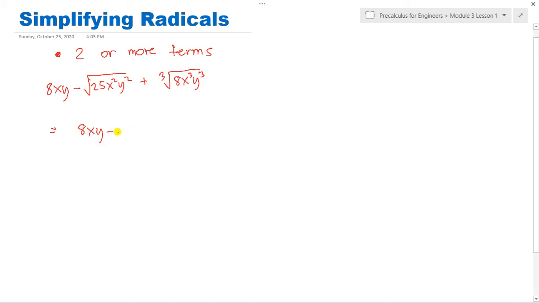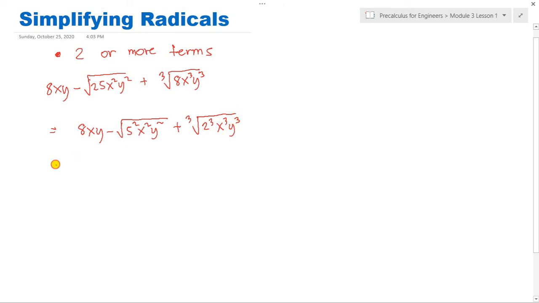On the second term, we all know that 25 is equivalent to 5 squared, because 5 times 5 is 25. So we have 5 squared, x squared, y squared. Plus, how about our 8? 8 can be expressed as a prime factor of 2, so this is equivalent to 2 cubed times x cubed, y cubed.